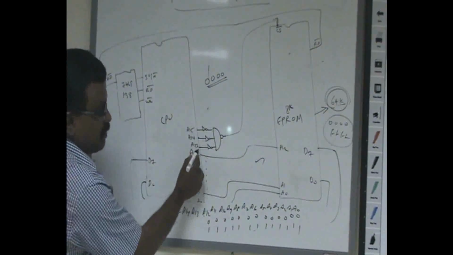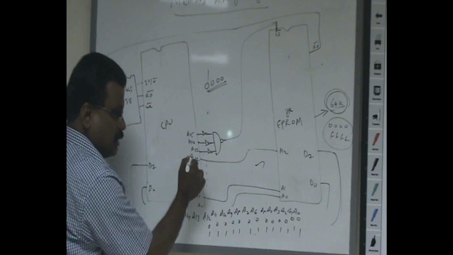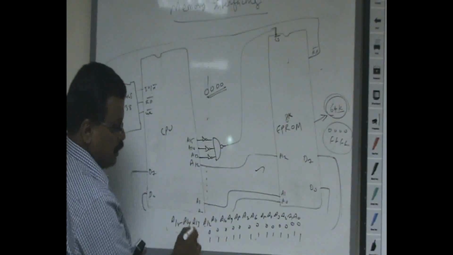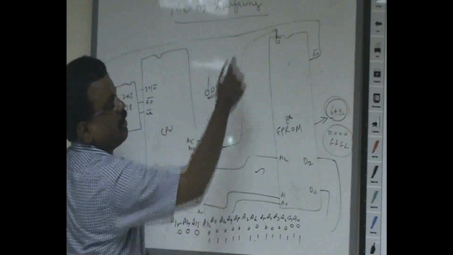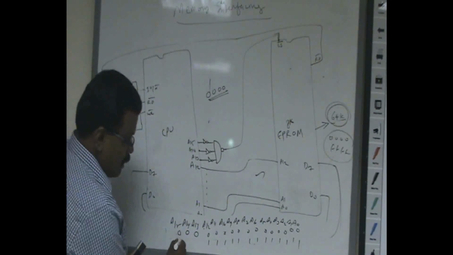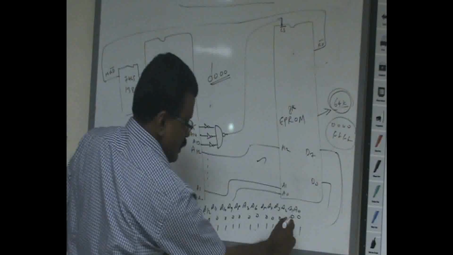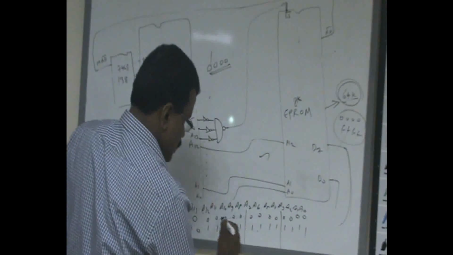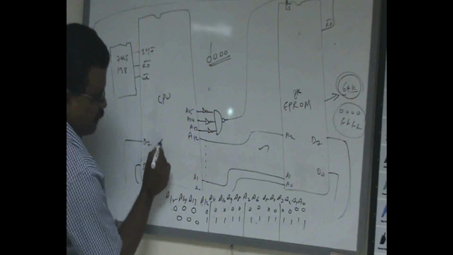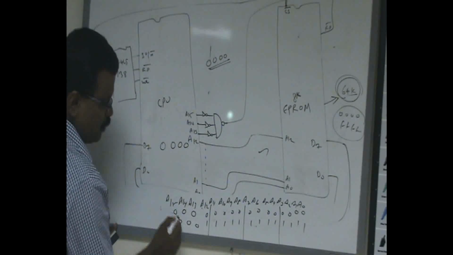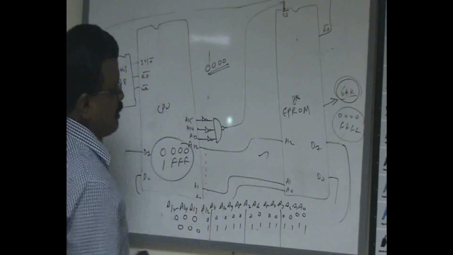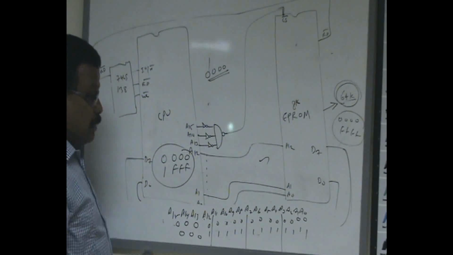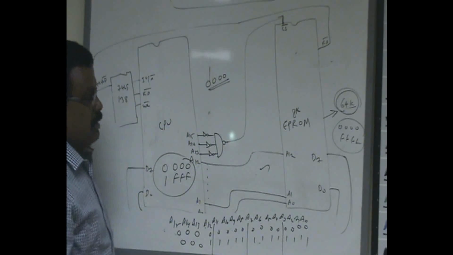But as far as A13, A14 and A15 are concerned, they must be 0. If they are 0, here you will get 0, and the chip select signal will be enabled. So we will get the address range 0000 to 1FFF. This is your EEPROM address.